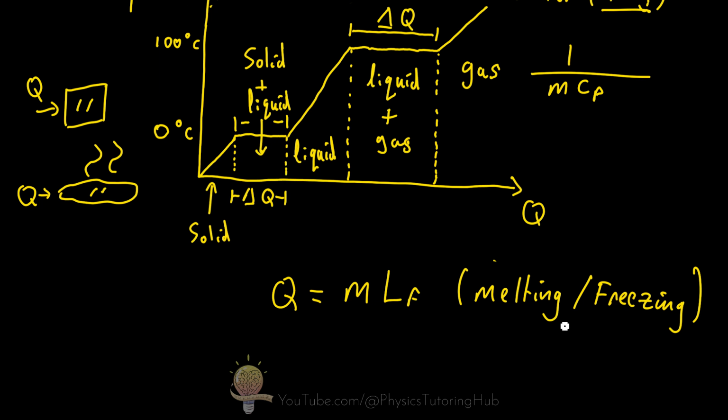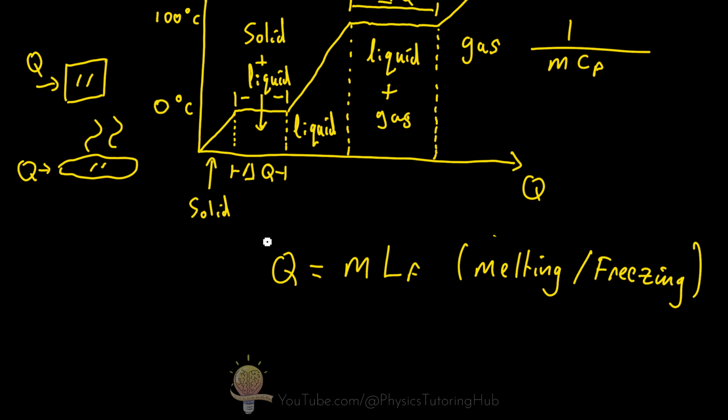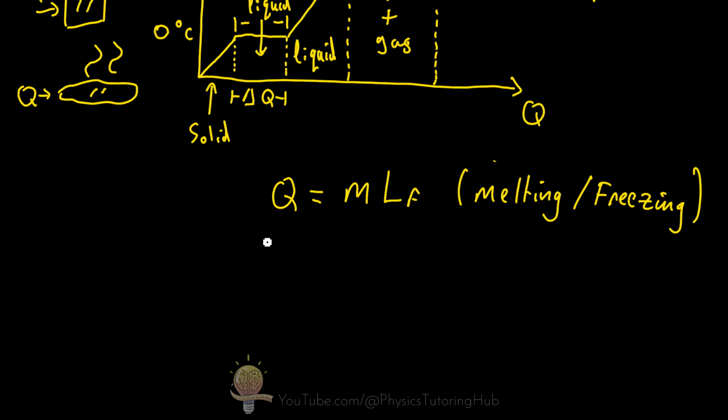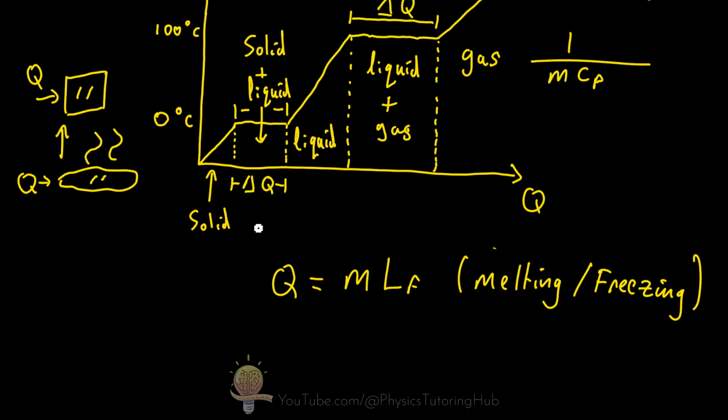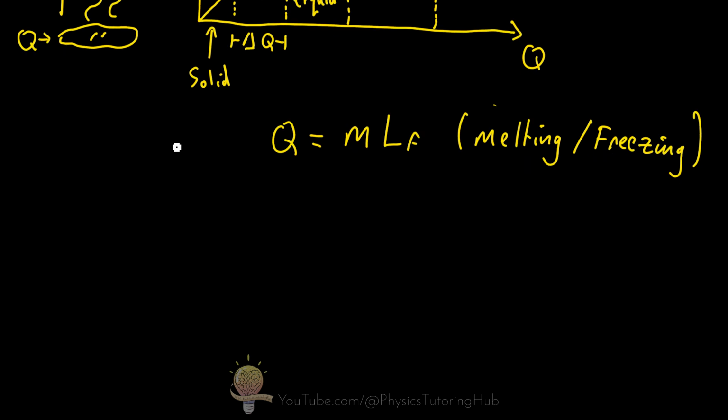But conversely, it also tells us how much heat energy is released by a substance during the freezing process. So for example, liquid water, when it freezes, will release energy back out into the environment. And that's because its molecules or particles are giving up potential energy during this phase change.